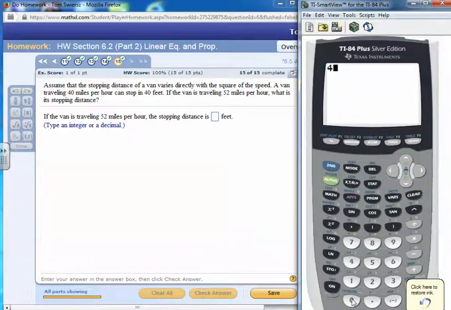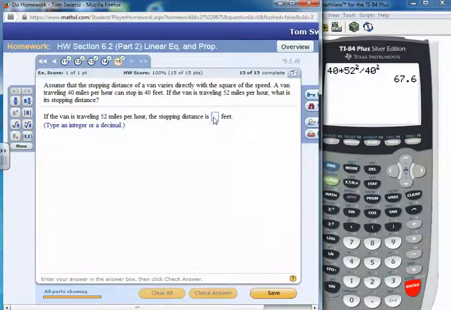It's 40 times 52, and 52 was squared, divided by 40 in the denominator, but that was squared, that was a speed, and so we get 67.6. Type an integer or a decimal, so again, don't round off at all, put in the whole number, 67.6, and there's our answer.